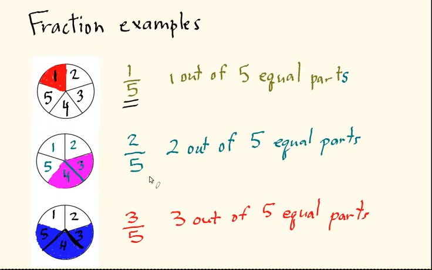And so we had 2 out of 5. And here the 2 represents this one and this one. And this last one we had 3 parts shaded, so this part, and this part right here where the 5 is. These 3 parts are shaded out of 5, and that gave us 3 out of 5 equal parts being shaded.